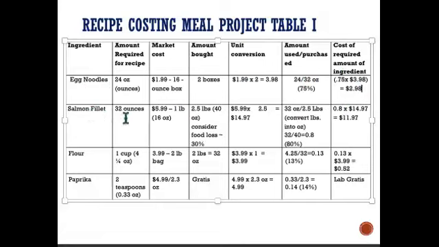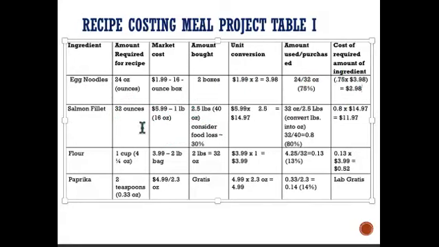Same here. Let's go with the salmon fillet. Salmon fillet calls for 32 ounces, right? And the salmon is going to cost you $5.99 a pound. And 32 ounces is equal to 2 pounds, right?